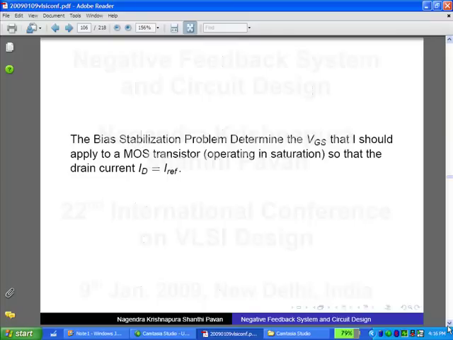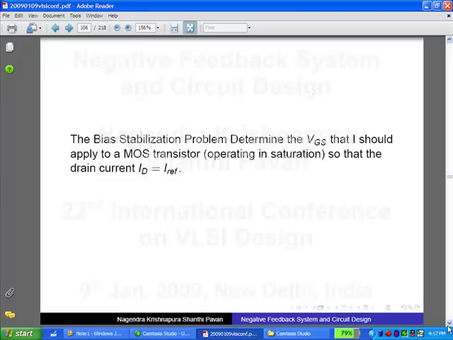So we want to make sure that the bias current remains equal to I, irrespective of changes in the process. For example, the mu n Cox that you calculate on paper may not be the true mu n Cox of the device when you make it in the fab. The VT of the device may change, correct?